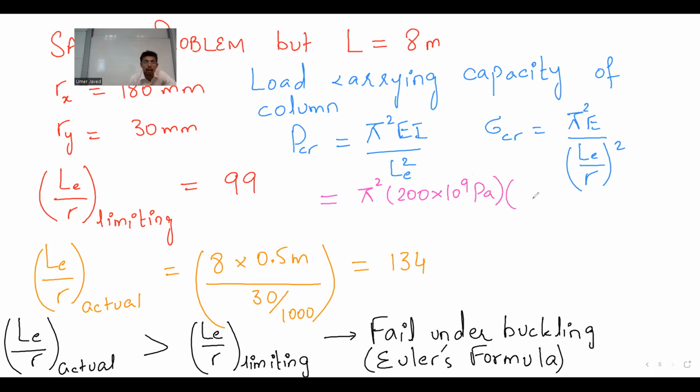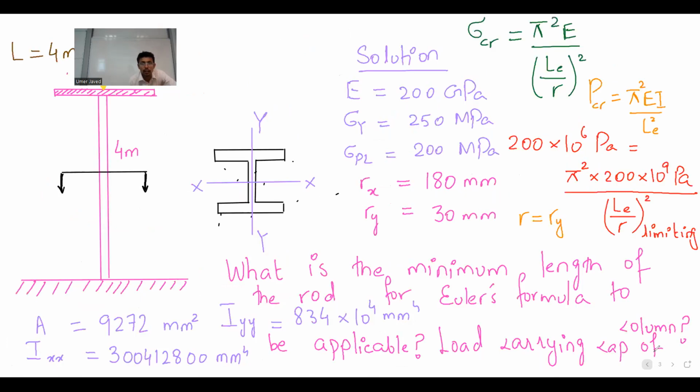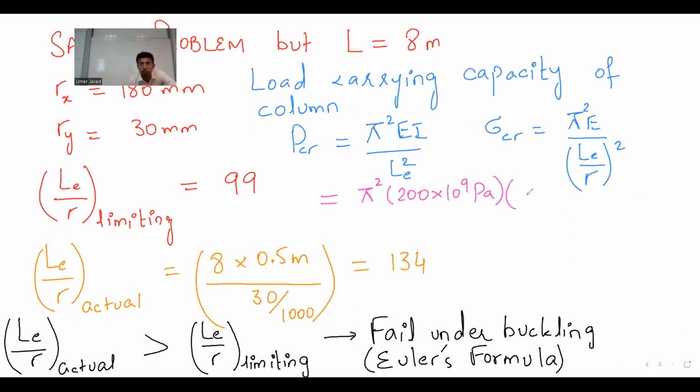We have the value of I, which I have to go for IY. So what was the value of IY? IY was 834 into 10 power 4 into 1 by 1000 power 4.